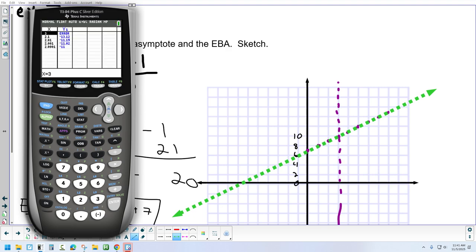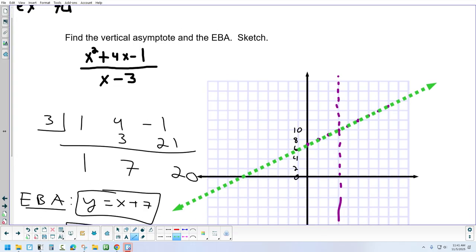All right, well, we know when you type in 3, you get an error, and that's what should happen. What would be a good value we should check? This now goes back to what we did yesterday. 3.001, and we're at over 200,000. So just to the right of 3, we're going to be way up there.